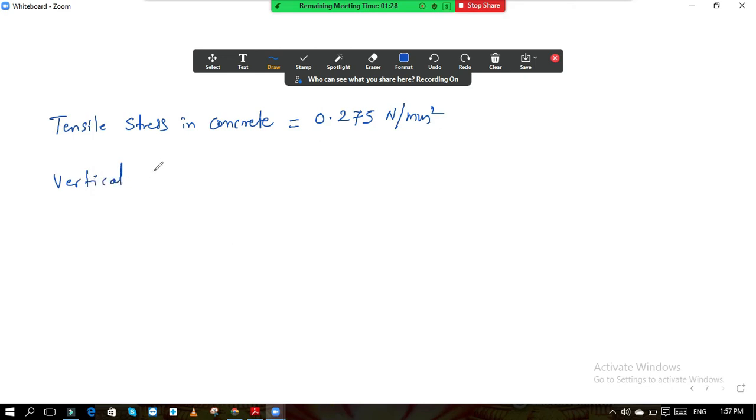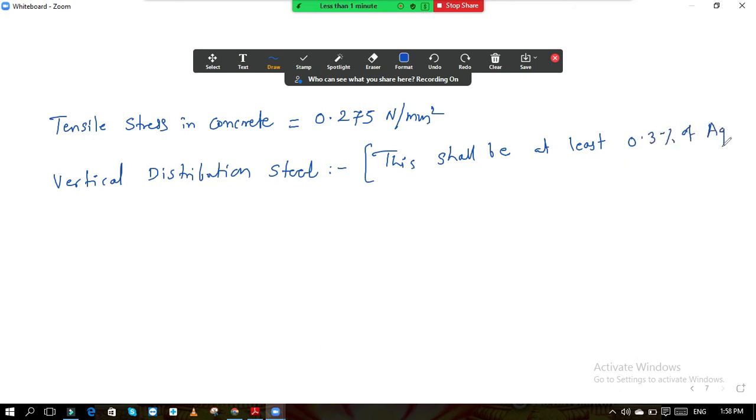This shall be at least 0.3% of gross area.